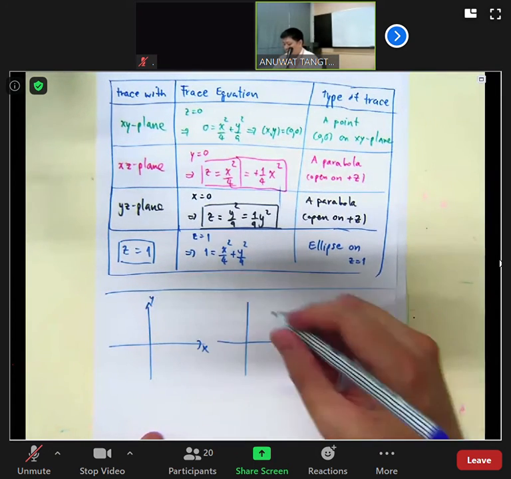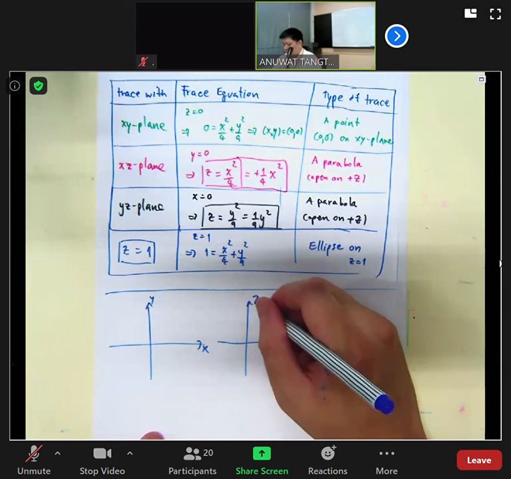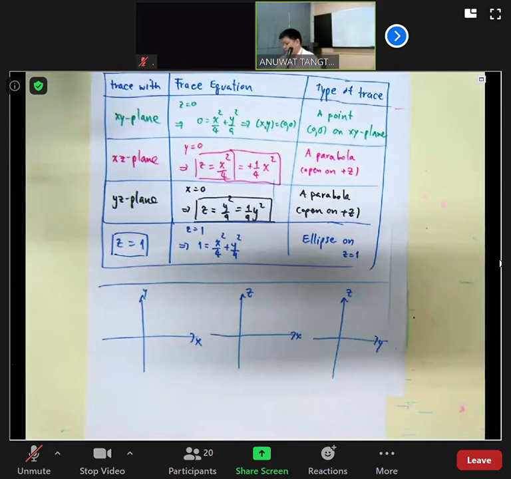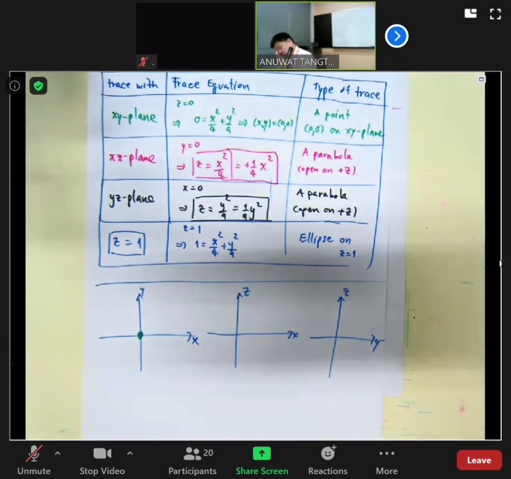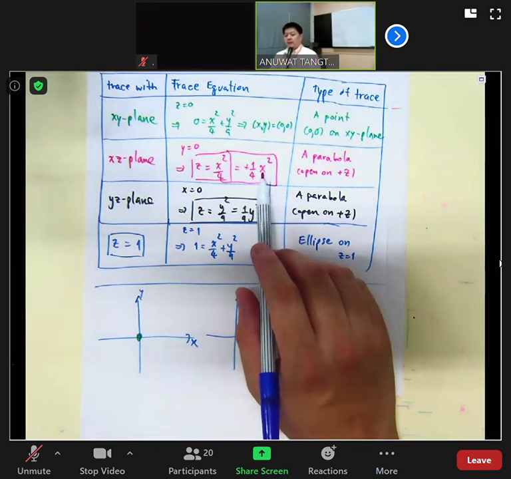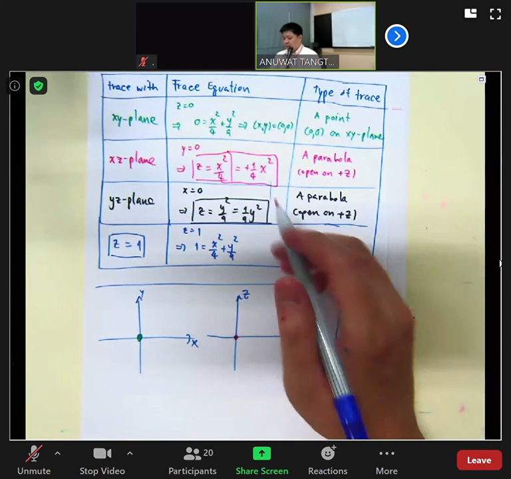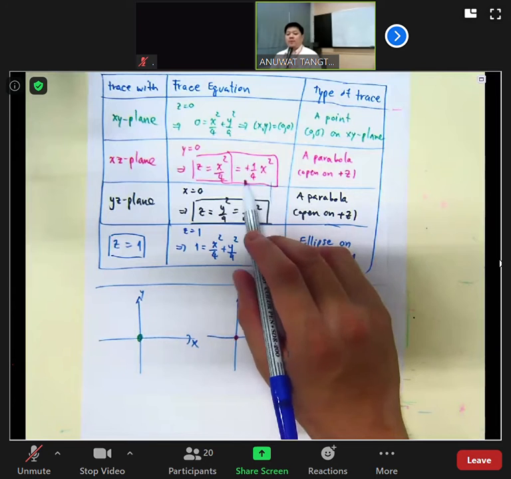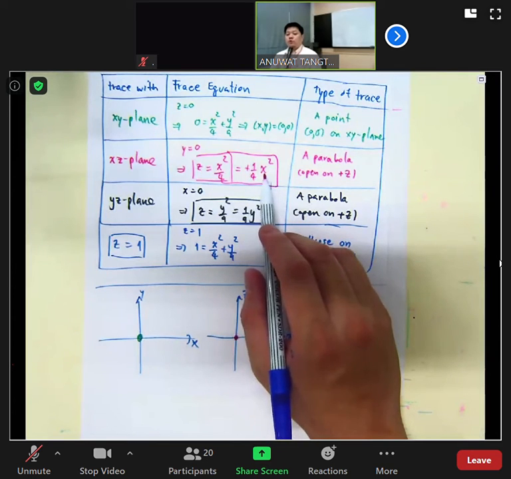On the xy plane, on the xz plane, on the yz plane. On the xy plane, it would be just a point. On the xz plane, when x equal to 0, z equal to 0; when x equal to 1, it would be 1/4; when x equal to 2, it would be 1.